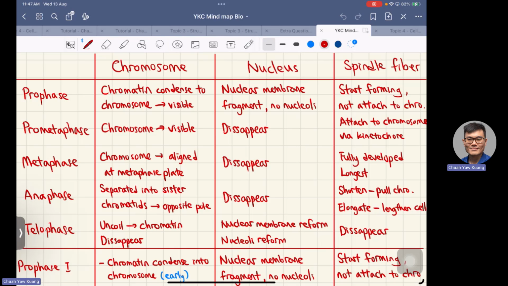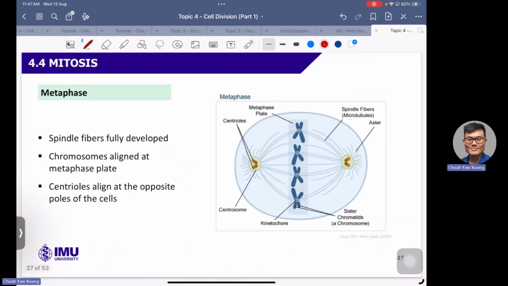Then next, we'll look at the metaphase. So in metaphase, what happened? Chromosome behavior: all the chromosomes will now be aligned at the metaphase plate.